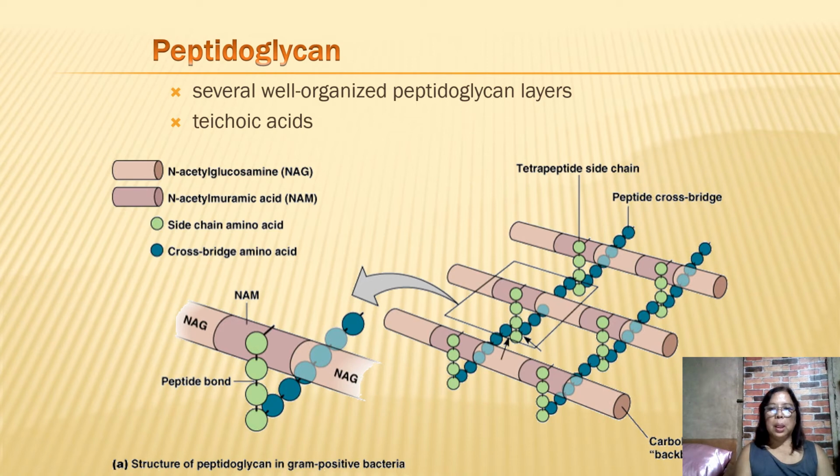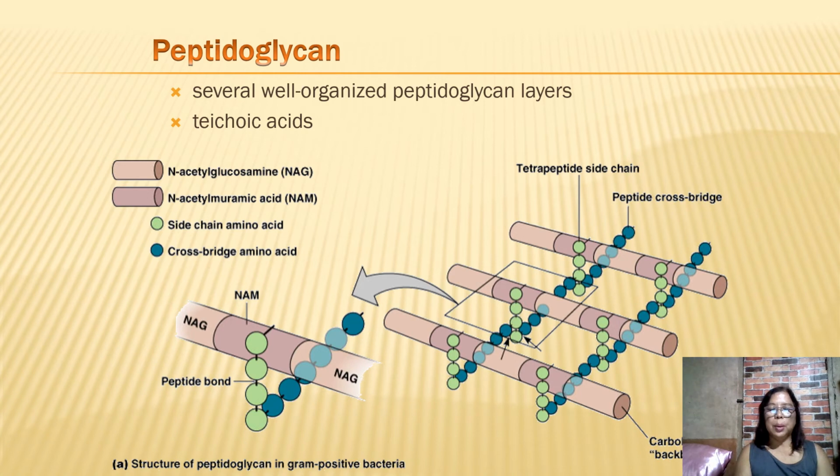So this green one is the peptide glucose bridge. And then this cylindrical shape here refers to your NAG and the NAM.